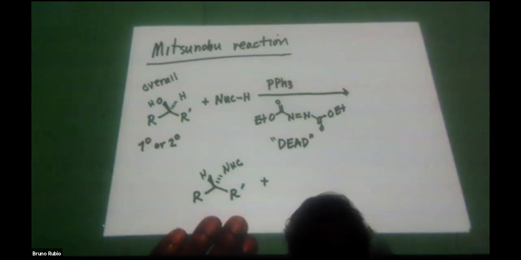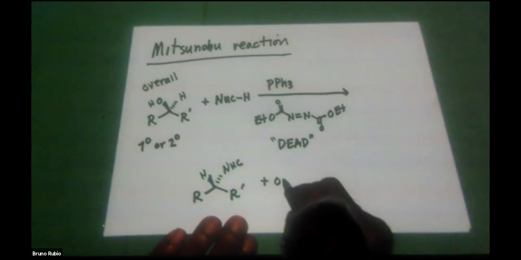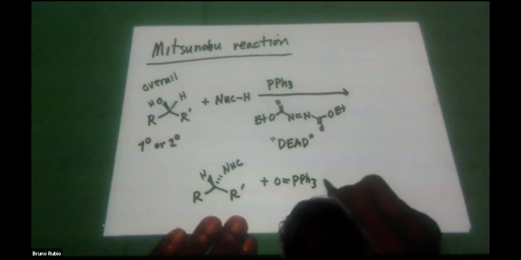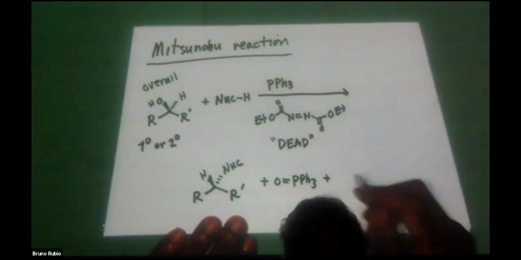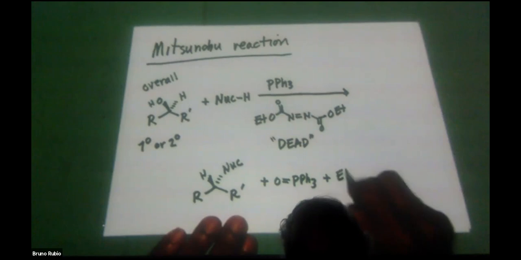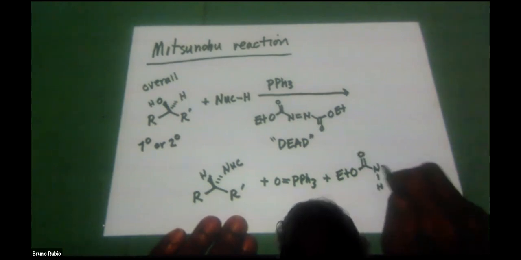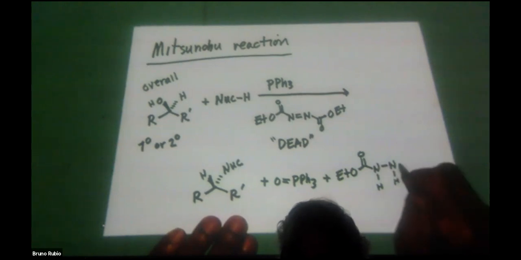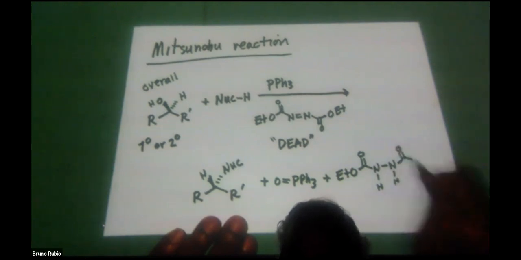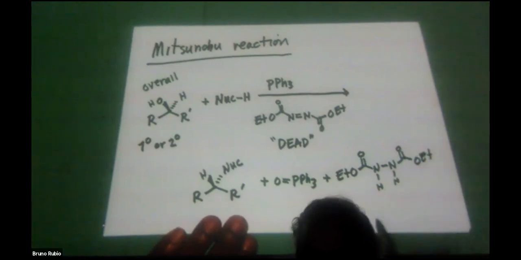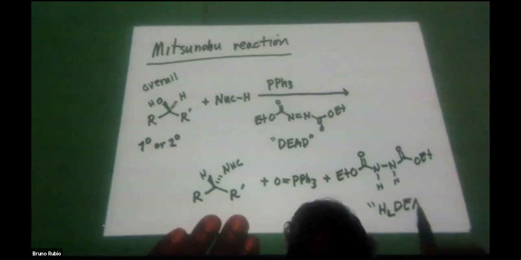The organic junk we don't care about are triphenylphosphine oxide, that just gets dumped in the garbage, and this diethyl azodicarboxylate, which is this very same thing we started with, but reduced. And this is abbreviated H2DEAD.